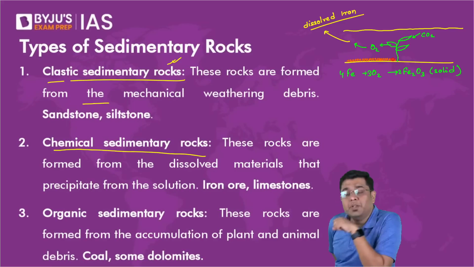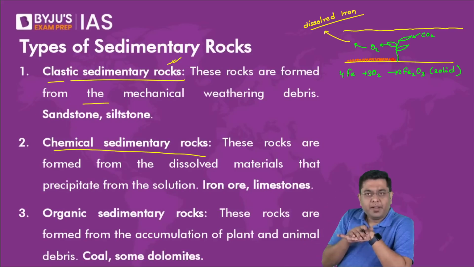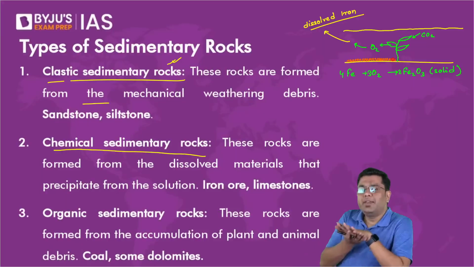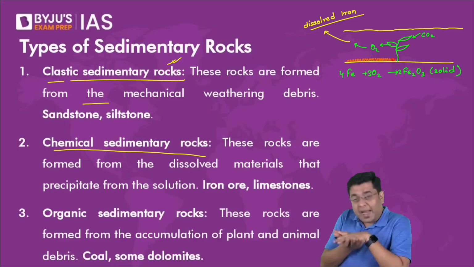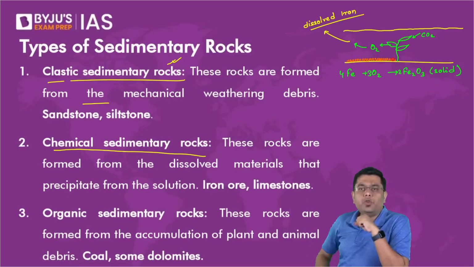Now, when these animals die, their shells get deposited. The shells are generally rich in calcium carbonate. Now, over a period of time, these shells get compressed and they turn into a rock-like structure. And that is what you have as limestone.